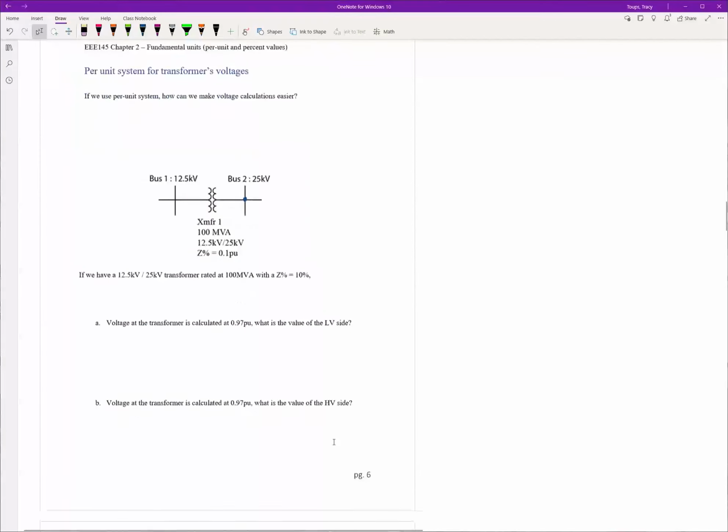Okay. Now, let's start seeing these in practice. First thing I want to do is look at this transformer. I just pulled the transformer from the previous page, and let's see how the transformer acts with per units involved.